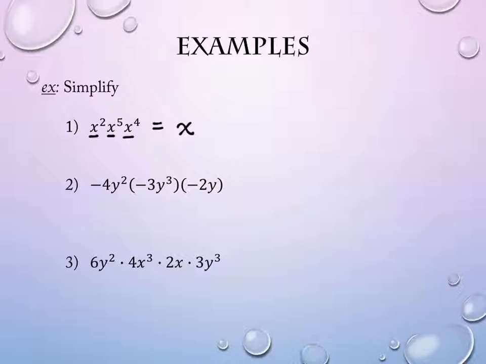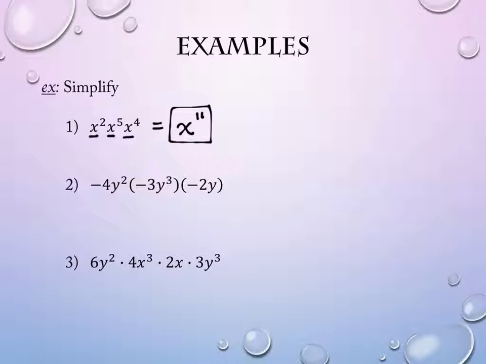What would I do to get my exponent on that base? Add all 3 of those numbers together. So what is 2 plus 5 plus 4? It's 11. So this is x to the 11th. Okay? Not really even any work to show on that. There's going to be work on some of these, but not on others.